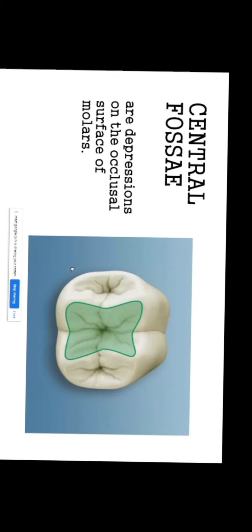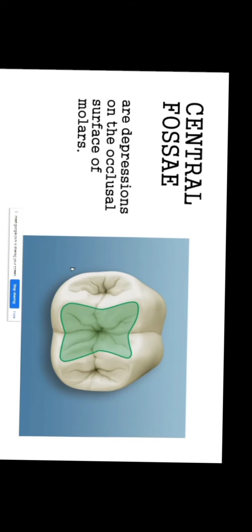Next, we have the central fossa, depressions on the occlusal surface of molars. So it is found on posterior teeth, that one in green. We have the central fossa. Next, we have the triangular fossa. A triangular ridge is different from a triangular fossa.